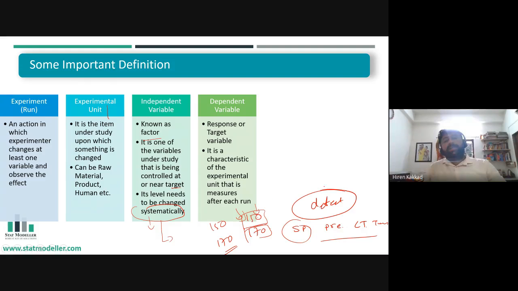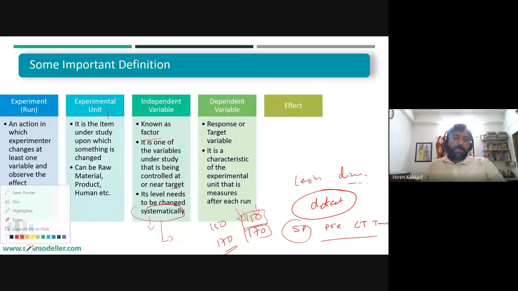If it is in a continuous form, then it may be length, diameter, size, or weight of that part. It can be anything, in line with what we want to optimize. So that we have to measure, or take as the dependent variable or response variable.